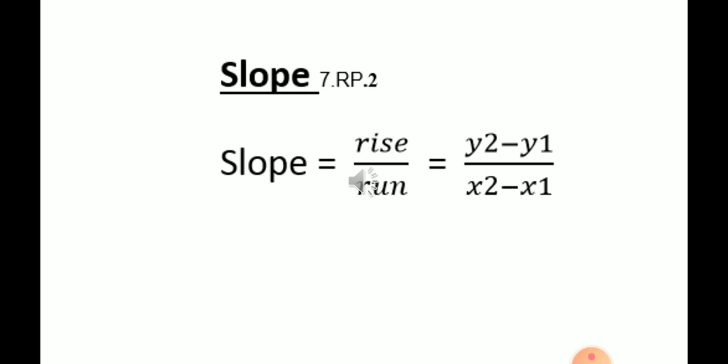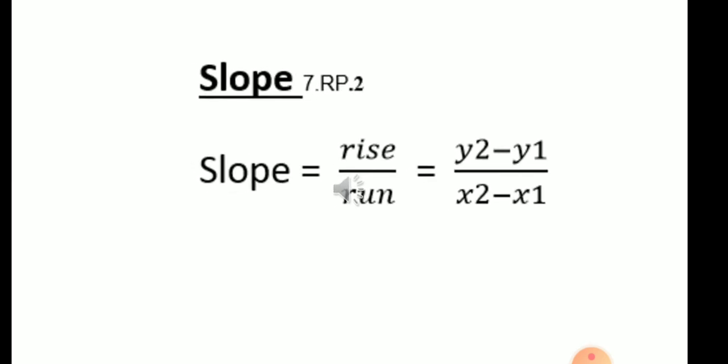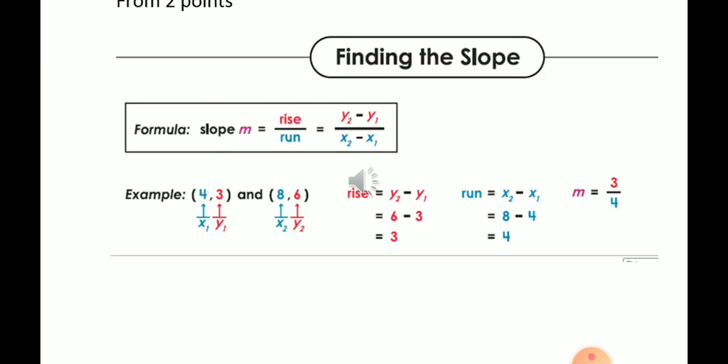Slope. Slope here equals the rule: rise over run, y2 minus y1 over x2 minus x1. Finding the slope formula: slope equals rise over run equals y2 minus y1 over x2 minus x1.